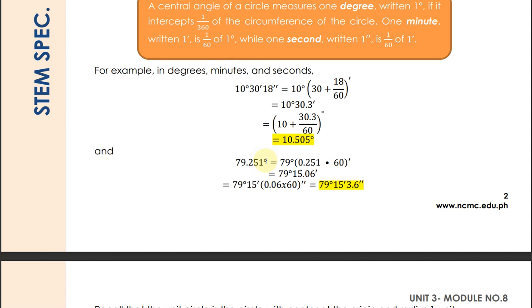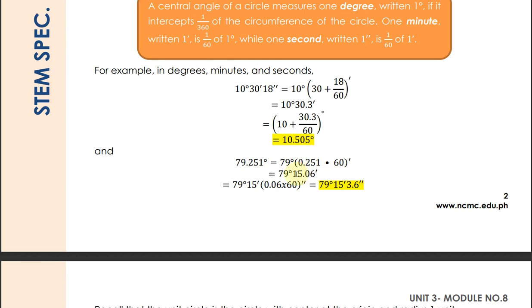79.251 degrees. So we are going to convert the decimal part into minutes and into seconds. So we have 0.251, which is the decimal part. We are going to multiply it by 60, so we get the minute equivalent.